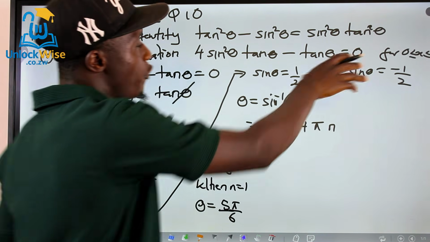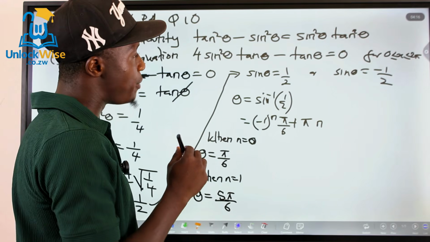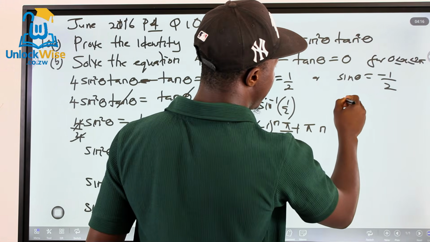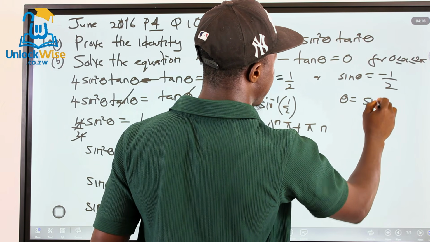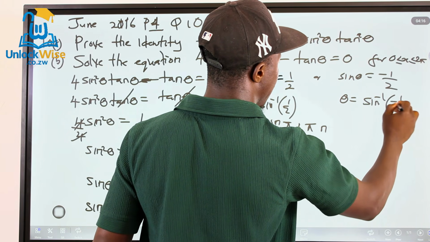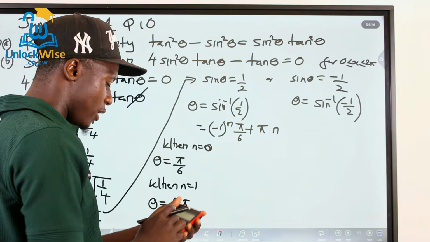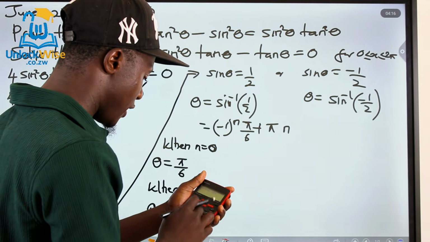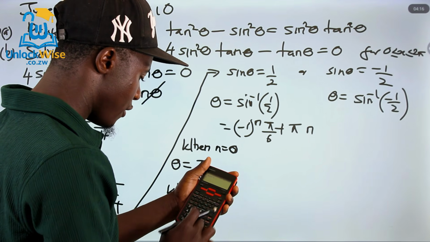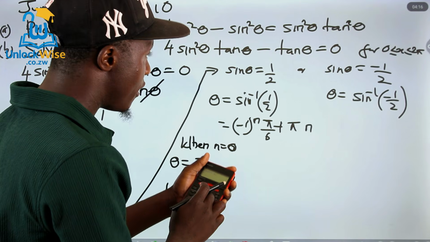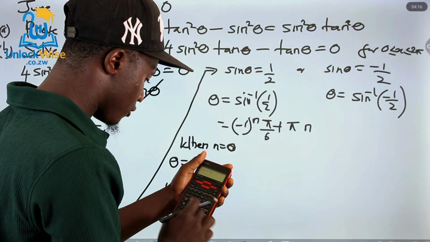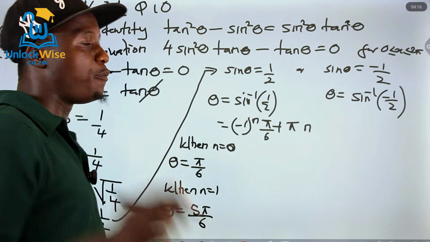So we move on to the other principal value, whereby theta is equal to arc sine of negative half. When you have your calculator, you use the second function, arc sine of negative 1 over 2. Then you get negative pi upon 6.